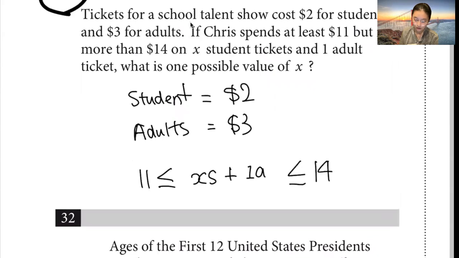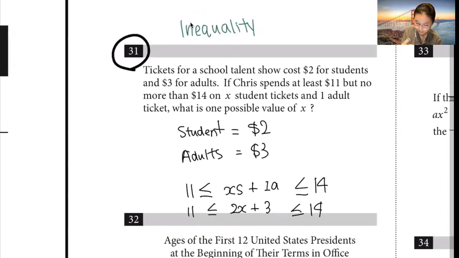Tickets for x students cost 2x, and we know that one adult ticket costs $3. And now we have constructed our inequality.